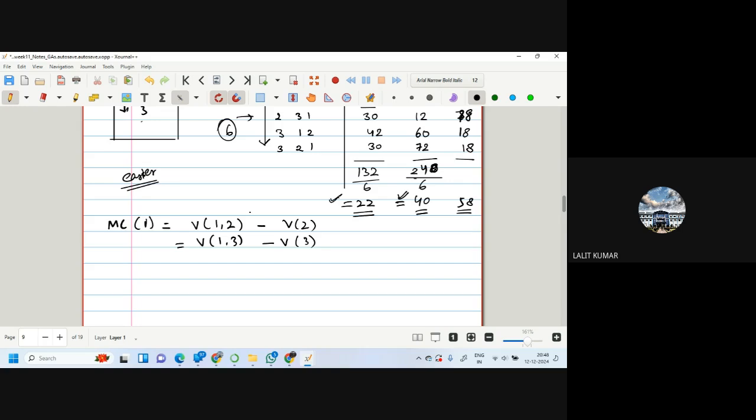Marginal contribution of 1 is also equal to value of 1 2 3 minus value of 2 3. So these concepts we are using here.